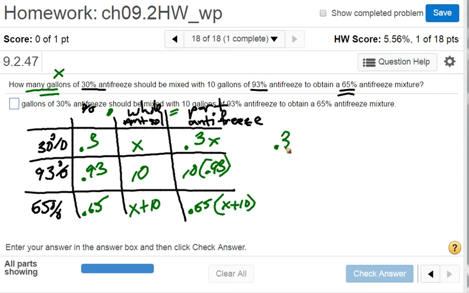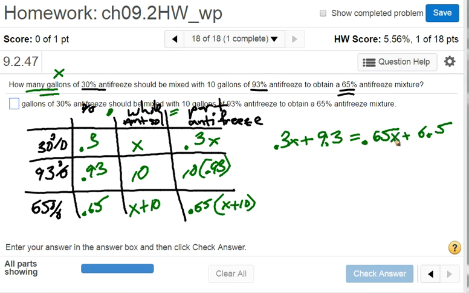So I've got 0.3x plus, moving that decimal one place, 9.3 equals 0.65x plus, moving that decimal one place, 6.5.